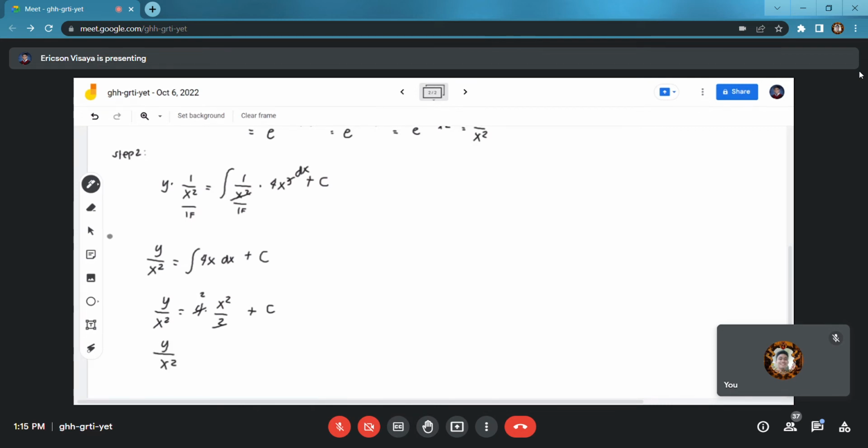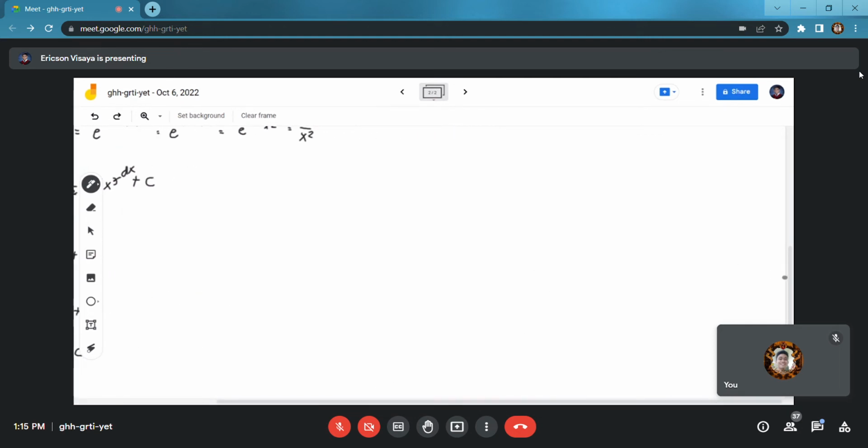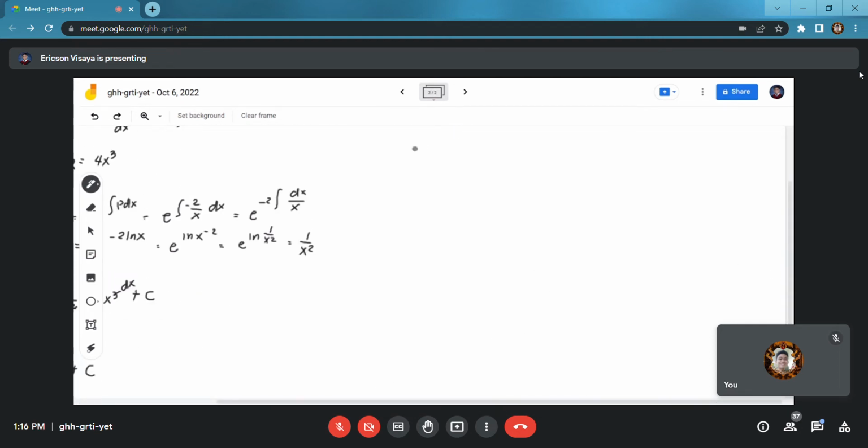Bali, pumasok na tayo sa ating step 3. And step 3 is equal to 2x squared plus c. Then, for step 4 naman, tignan natin dito si step 4. And step 4 natin, kunin natin yung ating y.